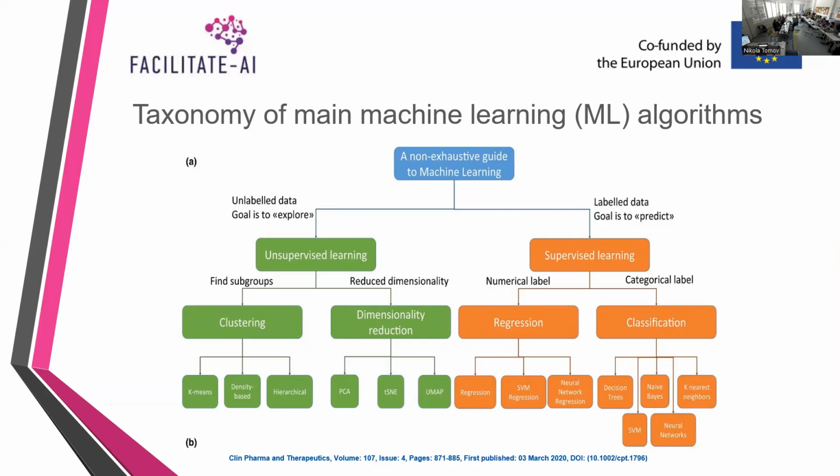In labeled data, the goal is to predict, and we use supervised learning. This is the difference between supervised and unsupervised learning. In one case, you have labeled data: this is a cat, this is a dog, this is a square, this is a triangle, a star. And in the other case, you have unlabeled data. This is considered the black box of AI.